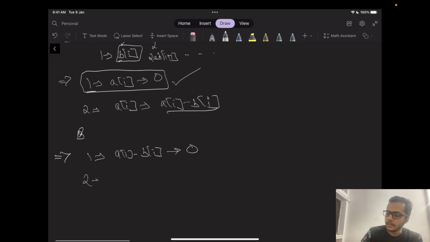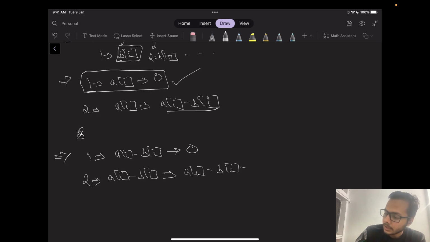And the second case is that the i plus one person just takes the maximum capacity that he has, which is bi plus 1. So from ai minus bi, we go down to ai minus bi minus bi plus 1.